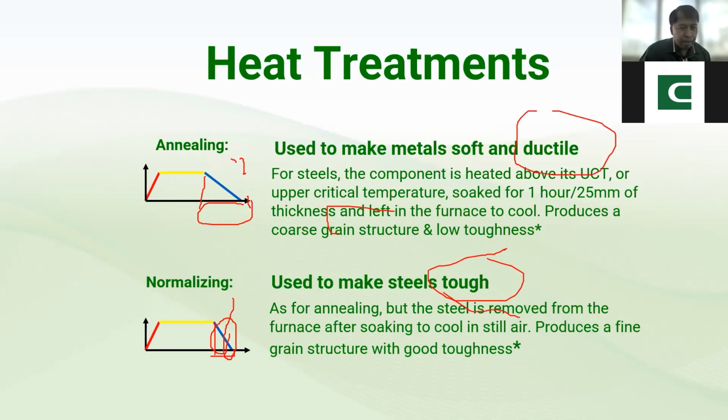Ability of your material to absorb impact energy. Makunat na bakal in Tagalog. Hindi ko alam sa Bisaya kung ano yung makunat. Okay? So, your normalizing will create certain toughness of your material. Kuha nyo ba?